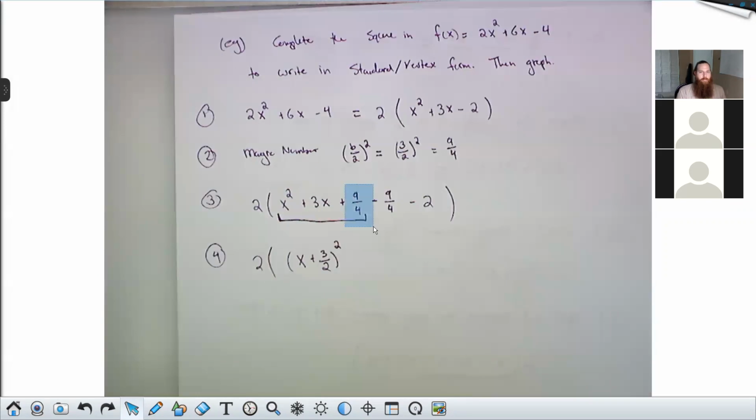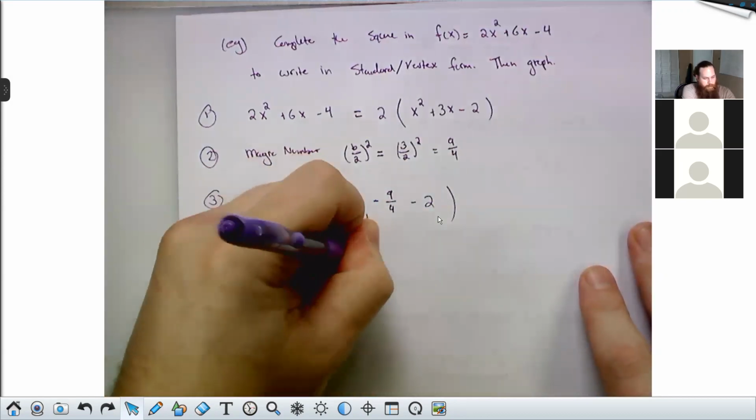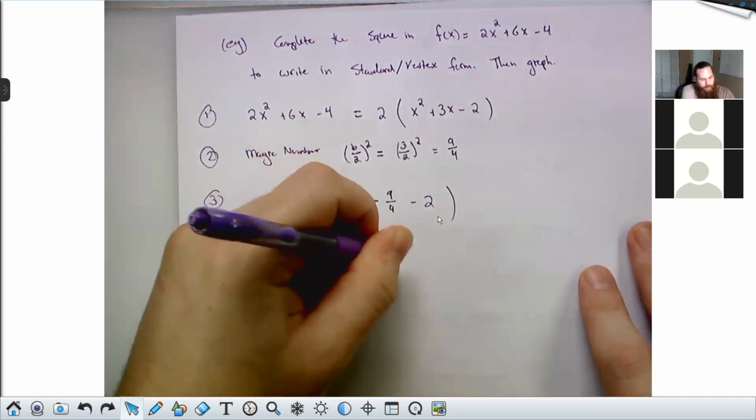I need 2 numbers that multiply to 9/4 and add up to 3. Well, 3/2 times 3/2 is 9/4. And 3/2 plus 3/2 is 6/2 is 3. So those first 3 terms factor like this. And then this stuff is just coming along for the ride. So I've got my minus 9/4 minus 2.